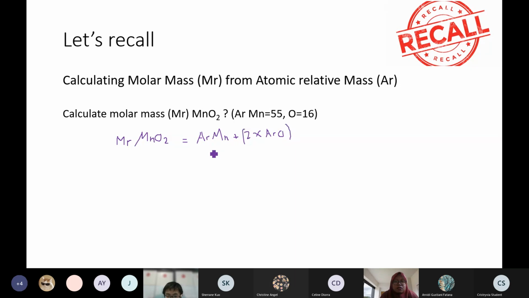So the Mr of MnO2 is Ar of Mn, 55, plus 2 times 16, which is 55 plus 32. So the Mr of MnO2 is 87. This is the calculation of how to calculate Mr from Ar, relative atomic mass.